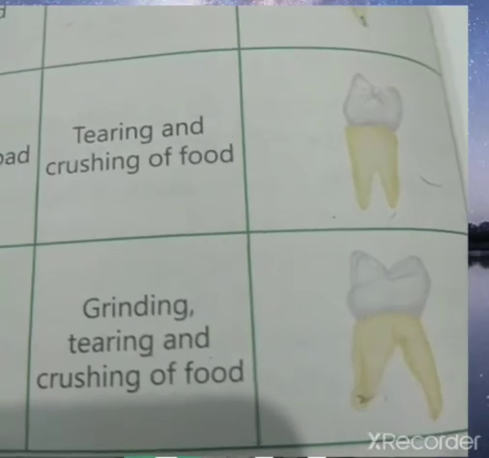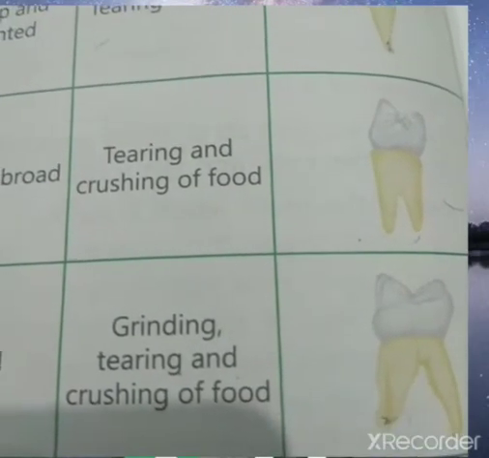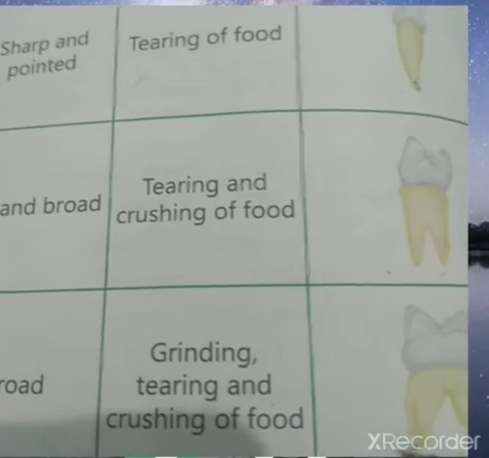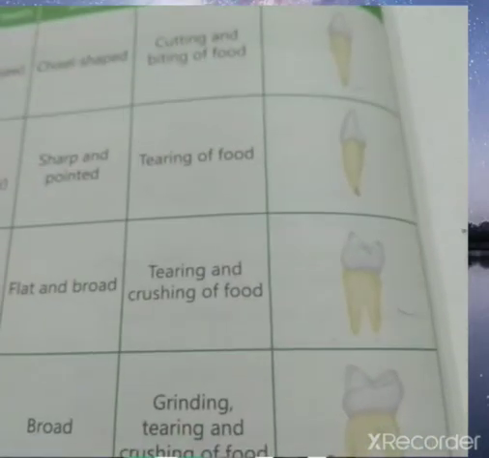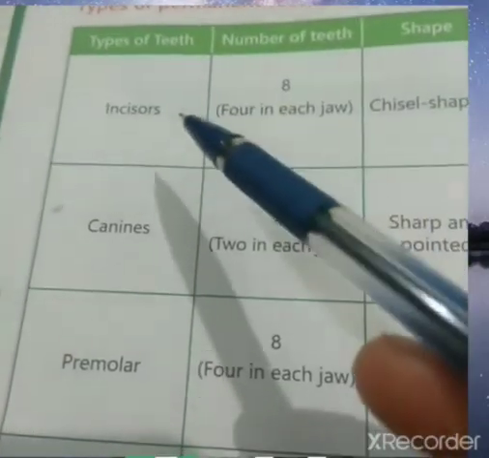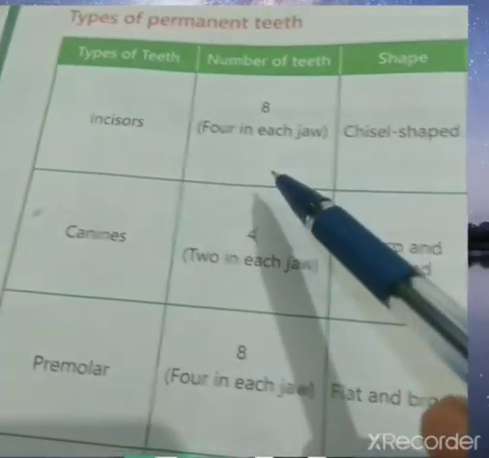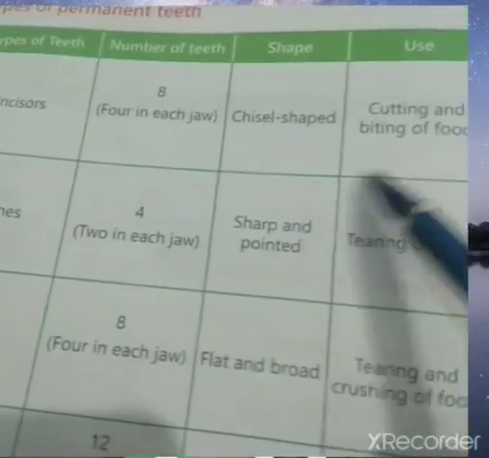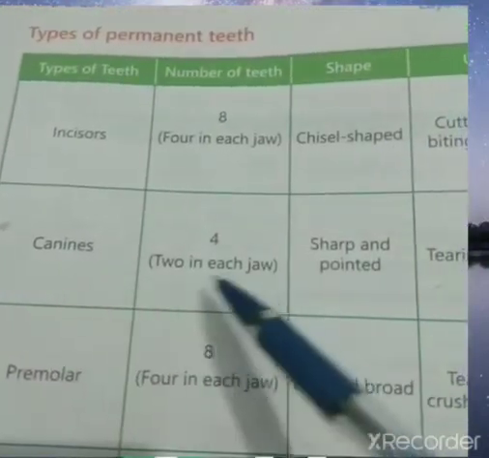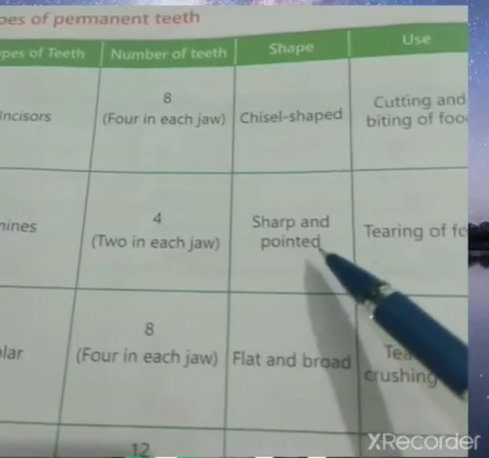This is the molar. So this is the structure of the 4 types of teeth. First is incisors, 4 in each jaw, chisel shape, cutting and biting of food. Canines, 2 in each jaw, sharp and pointed, tearing of food.